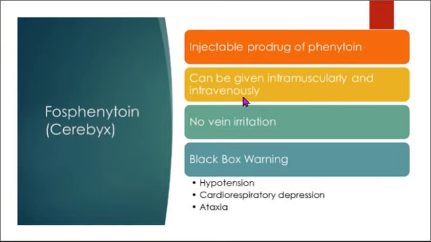This is given IM and IV only, and it's a derivative. When it gets into the body, it converts itself into phenytoin, is the best way I can describe it. No vein irritation, but there are black box warnings for hypotension, cardiorespiratory depression, and ataxia. So those are black box warnings. But it is a prodrug and can work much more rapidly than your phenytoin.